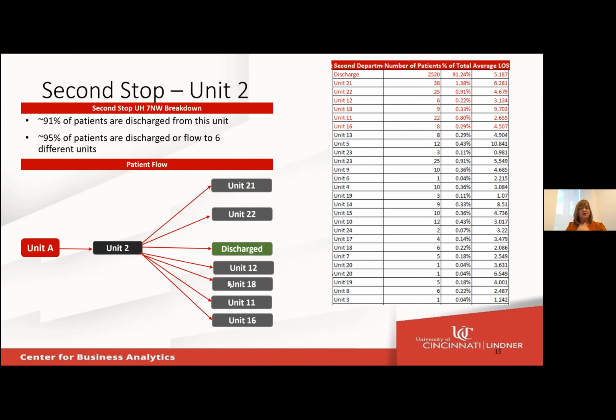So as we started to explore this, you could imagine then we would have to go to unit 21. Where did they go here? Unit 22. So we quickly got a very wide web of where patients would go, and deciding how and when and where to cut that off was trial and error as we worked through the model.